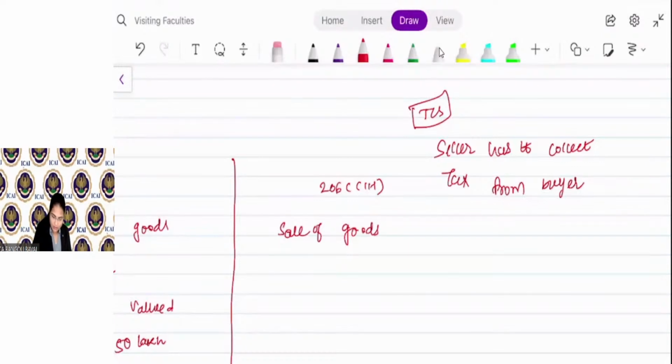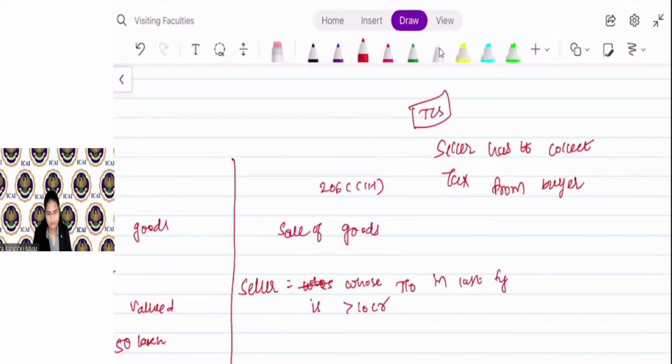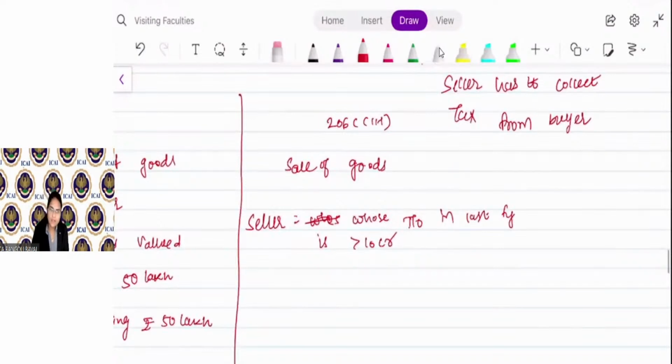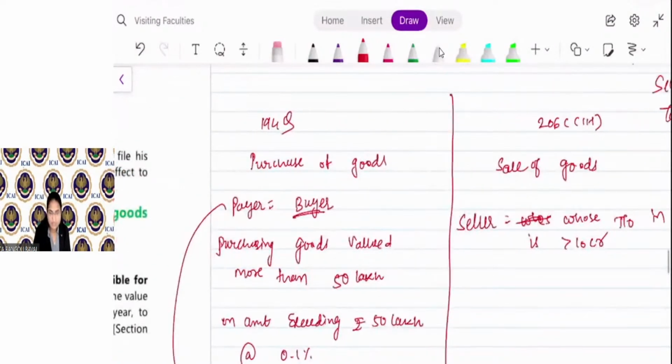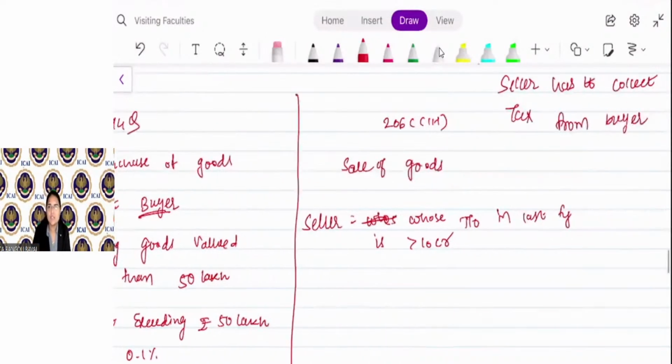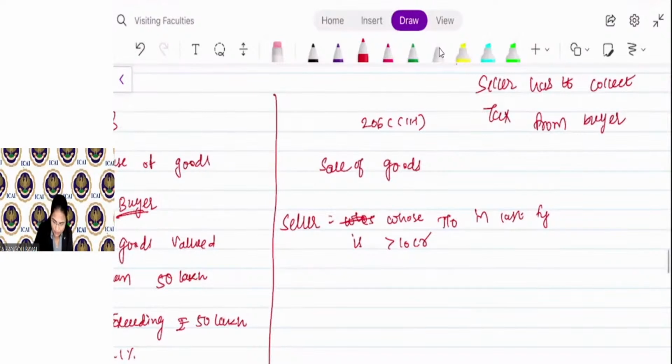Now here the meaning of seller is the same as we discussed under section 194Q as the definition of buyer. The seller means one whose turnover in last financial year is greater than 10 crore. Here we discussed the purchase value; here we have to consider the sale value.